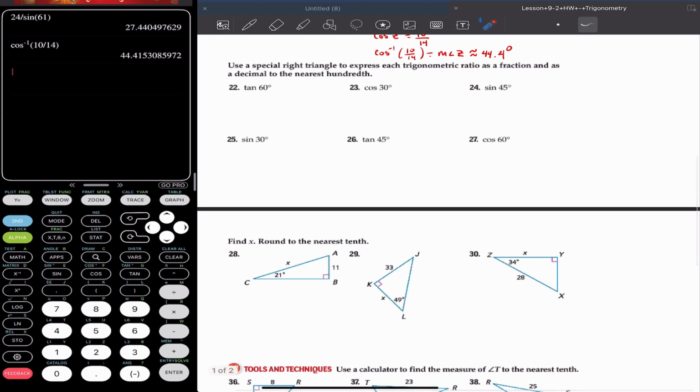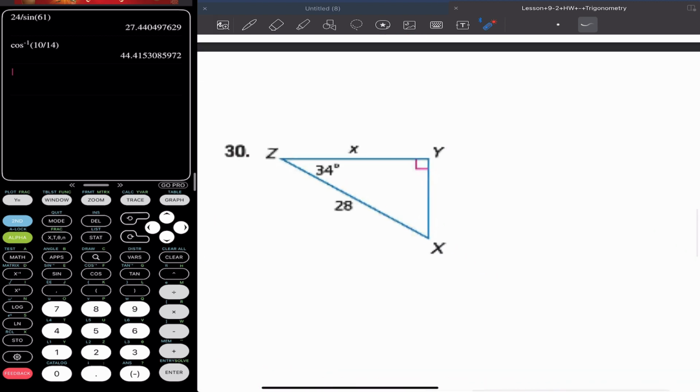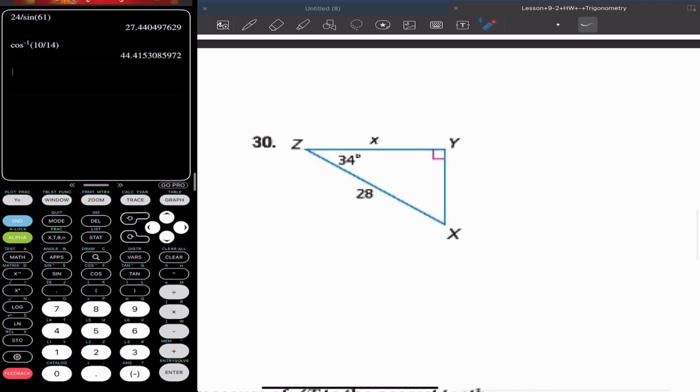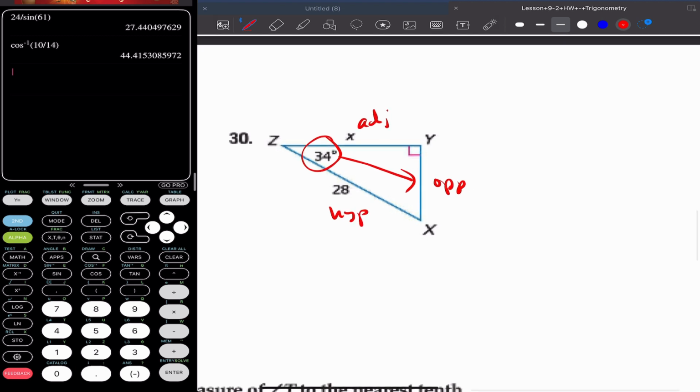Let's see. Okay, I want to look at 30 here. So 34 is my angle of reference. This is opposite, this is adjacent, and then this is hypotenuse. So the given values are adjacent and hypotenuse.